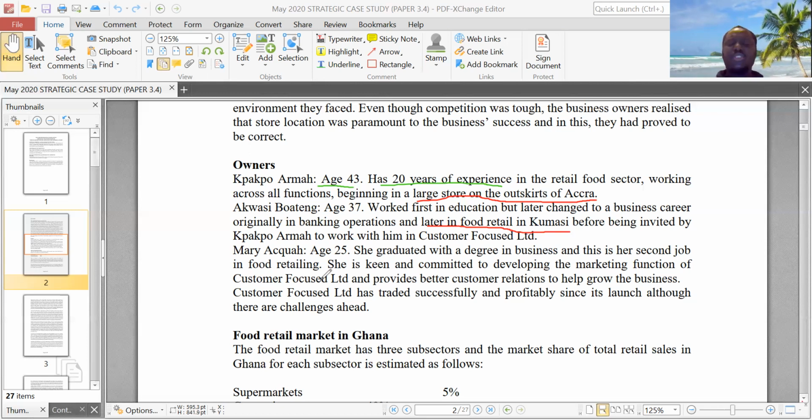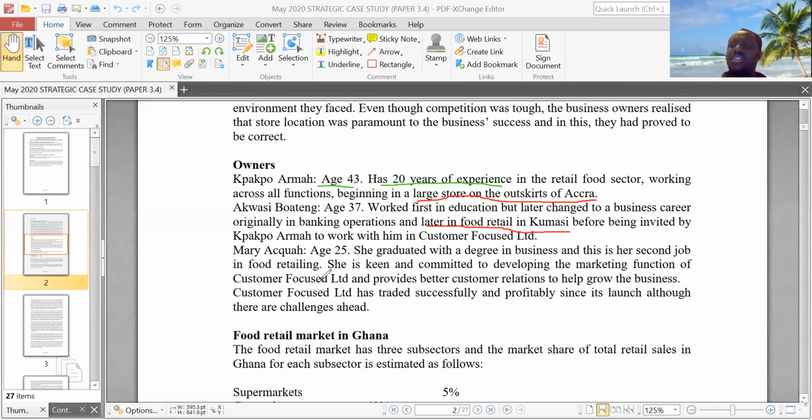Now let's move on to Mary Aqua. Mary Aqua is a lady, and she's 25. She's very young. She graduated with a business degree, and this is her second job in food retailing. She's keen and committed to developing the marketing function of Customer Focus Limited and providing better customer relations to help grow the business.